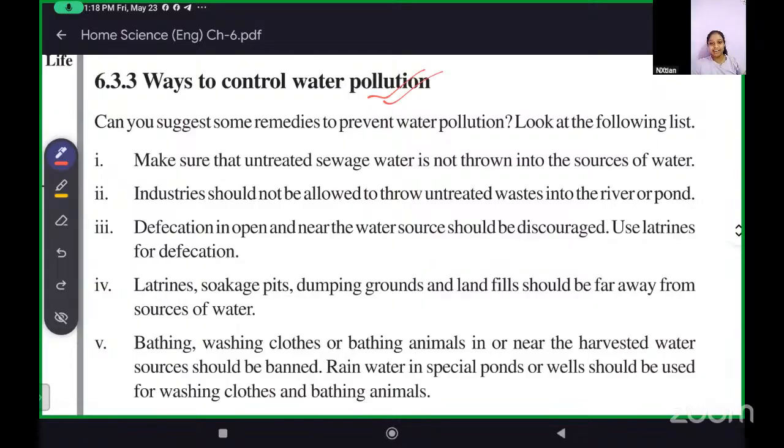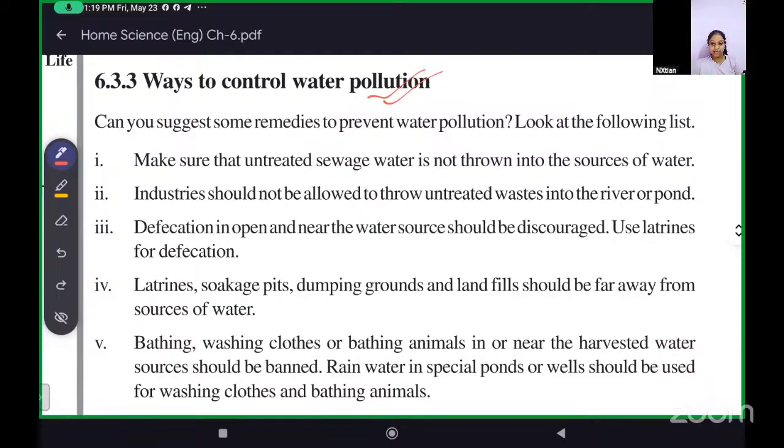So when it is directly discharged into the sources of water, it will contaminate the whole source of water. If the sewage pipe is directly coming into a river, the river will get contaminated. From rivers, a lot of people fill their drinking water, a lot of animals drink from it, and fish are living in it.